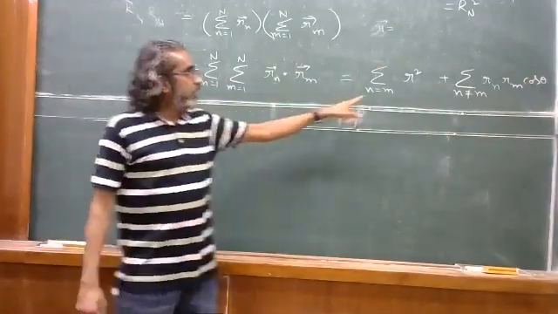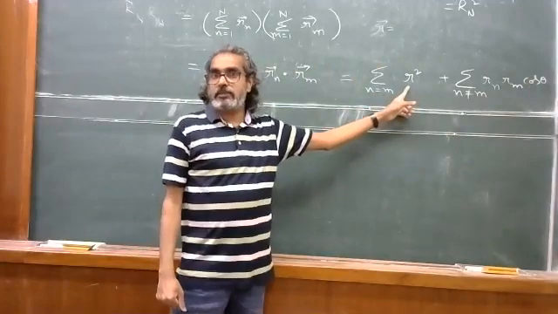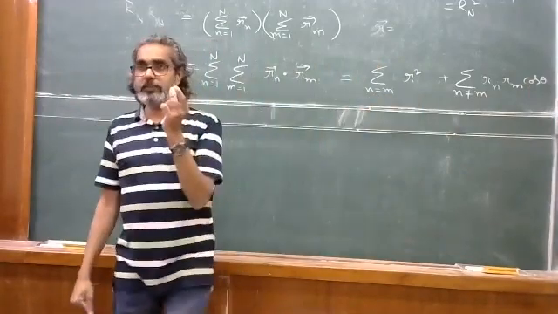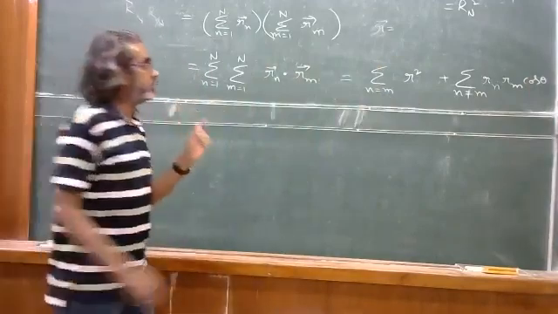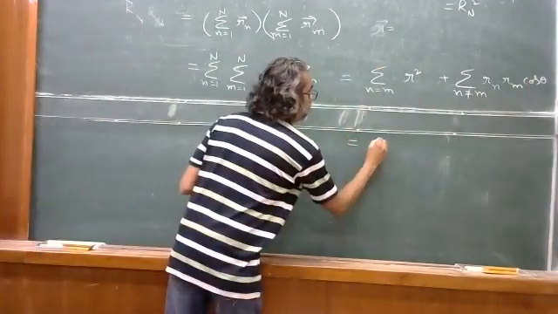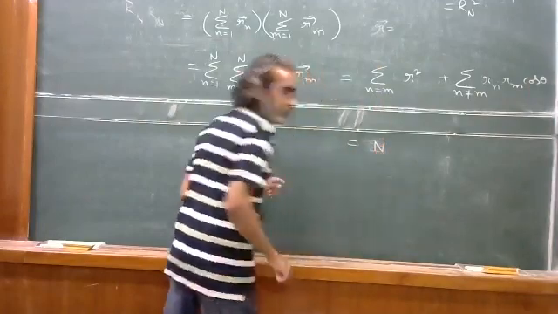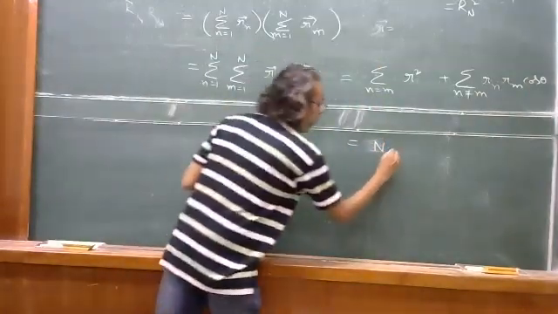So n times you will get these terms, and this term is nothing but L square. Each vector has a fixed length L. So we can write n times L square.